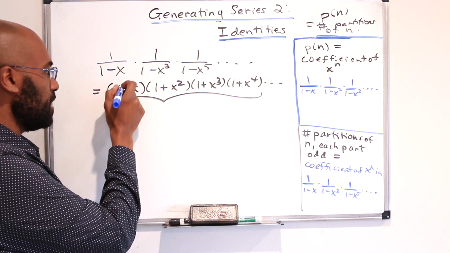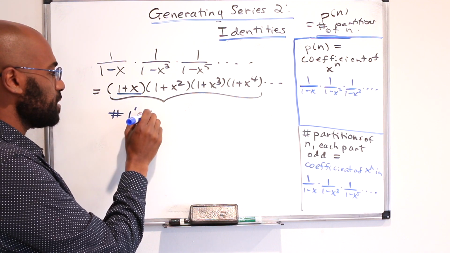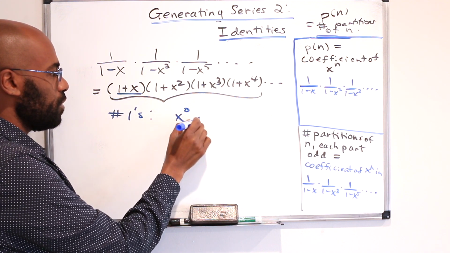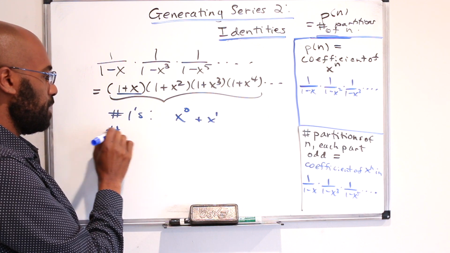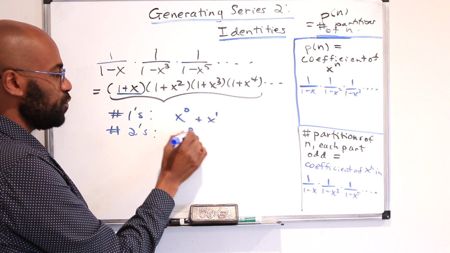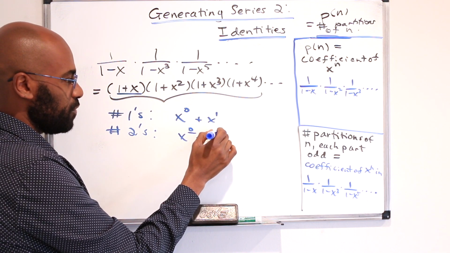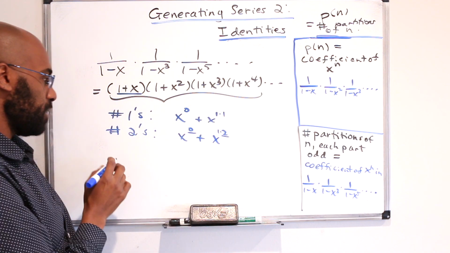This piece here would say something like the number of ones is either 0 or 1. And this next series would tell you that the number of 2's in your contribution is either 0 or 1 as well. You only have 1, 2 in your exponent.